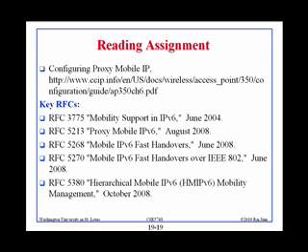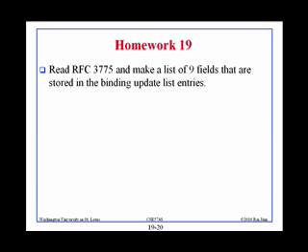There is a document that I found on the net from Cisco. It's called Configuring Proxy Mobile IP. So Cisco implements it, obviously, and this document was really readable. And the Proxy Mobile IP slide came from there. These are the RFCs, mobility support in IPv6, Proxy Mobile IP, fast handover, hierarchical mobile IP.